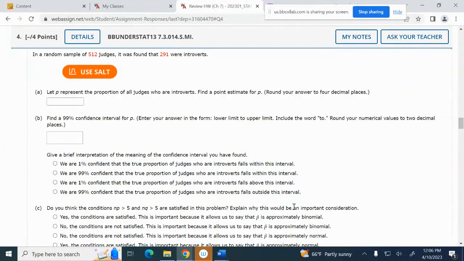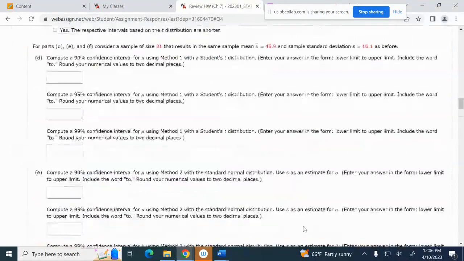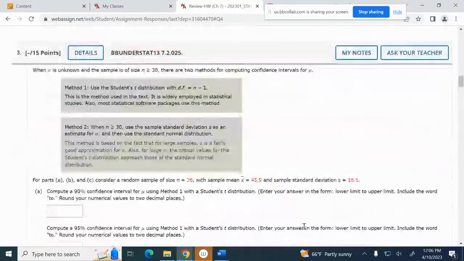Can you see the S, the sample standard deviations? What does it mean? Proportion. Now, how many proportions? 1. Do you have an idea? Let me go up to number 3.